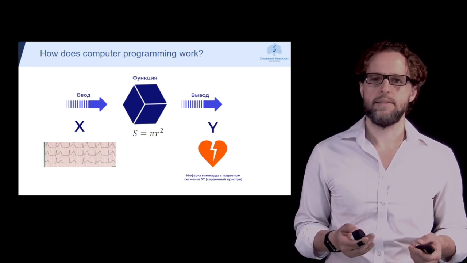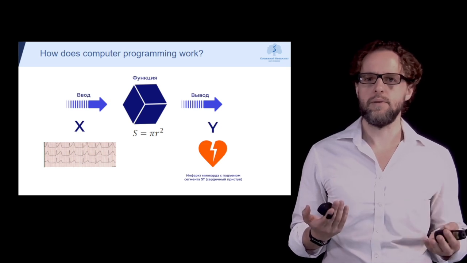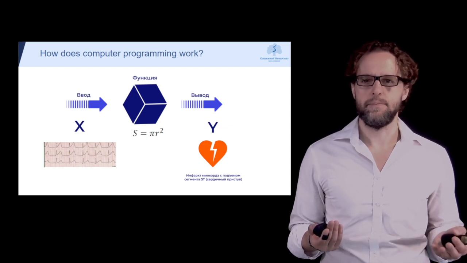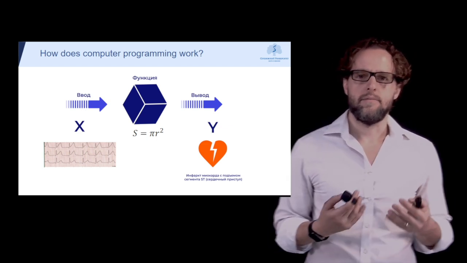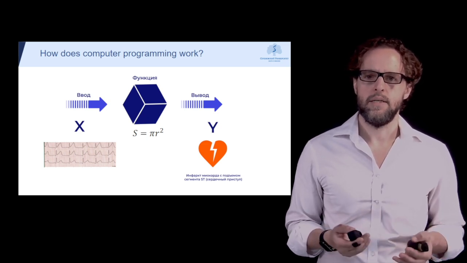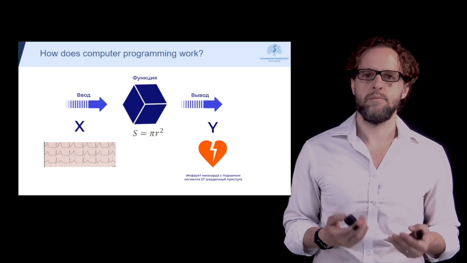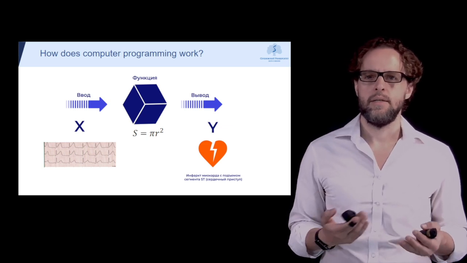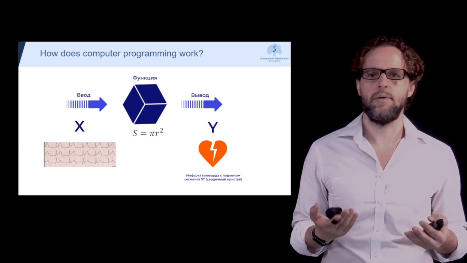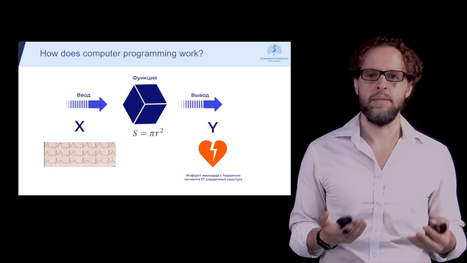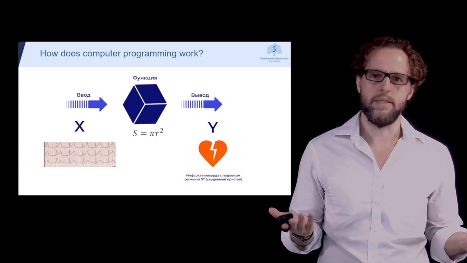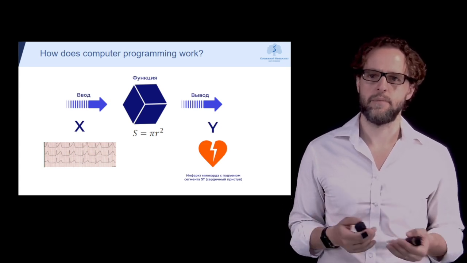For example, let's say I have a program that solves some kind of equation and calculates the area of a circle. The input data for it will be the radius value. Processing will be raising the input value to the second power and multiplying by pi, and output is our area of a circle value.